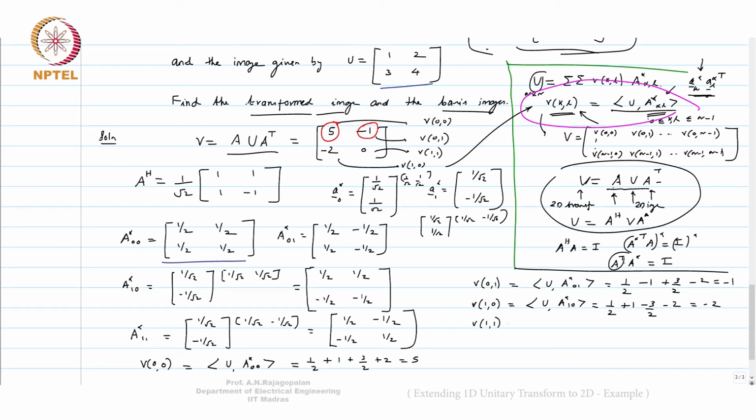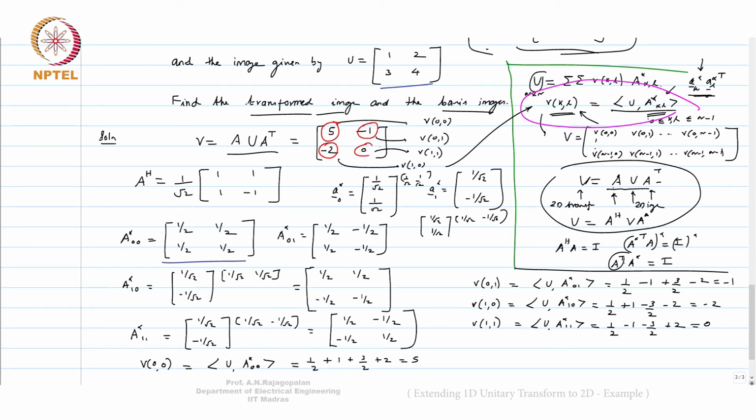So as you can see, this is the same as whatever you got through the direct matrix multiplication. U with A star 1, 1 is here. So 1 by 2, minus 1, minus 3 by 2, plus 2. So half minus half is minus half. Minus half minus 1 and a half is minus 2, plus 2 is 0. Right? So that is again the same as what you had here.